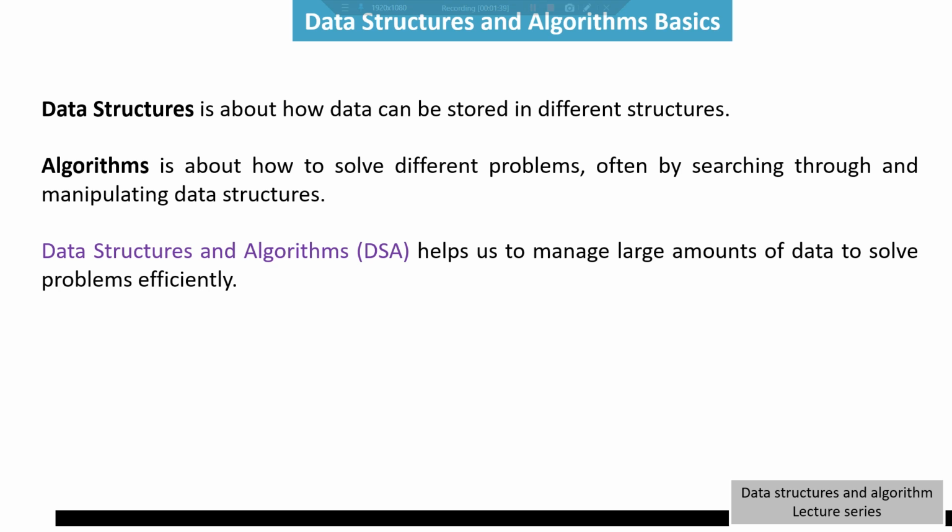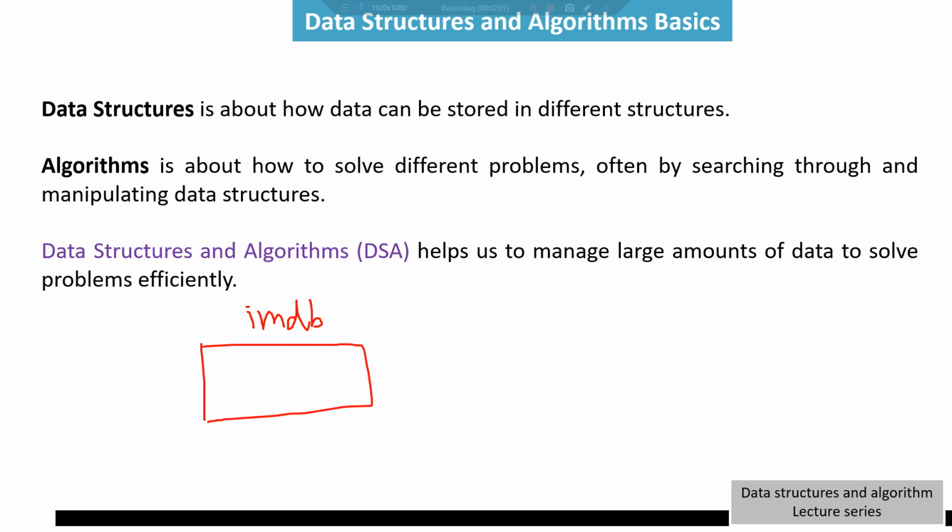Let us begin with the first topic, that is data structure and algorithm basics. So data structure is about how data can be stored in different structures. Now you know that there is different type of data in different situation. For example, if you consider IMDb ratings, that is a movie database, so it may take a shape of a table.